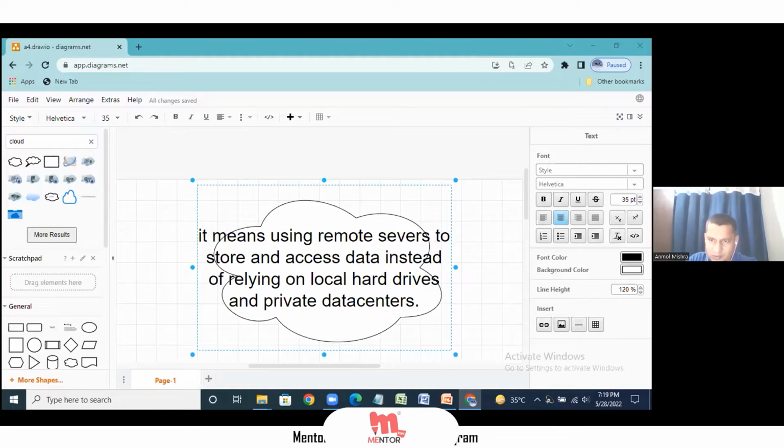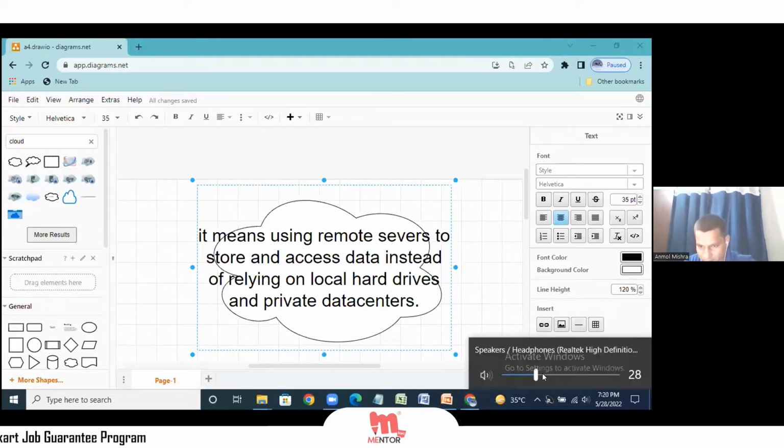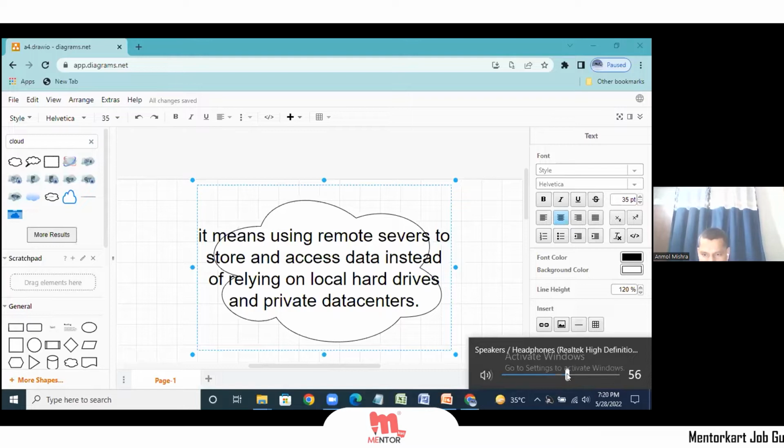So I will show you what we. What is the meaning of this? It means using remote servers to store and access data instead of relying on local hard drives and private data center. Please try to speak a little louder, it is not audible properly. So maybe my voice is less. Okay, now it is clear. Hello. Yes, now it is clear, or do we need to increase the voice more?